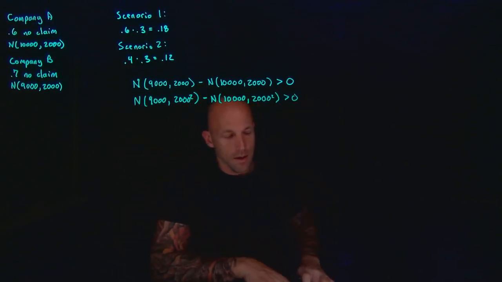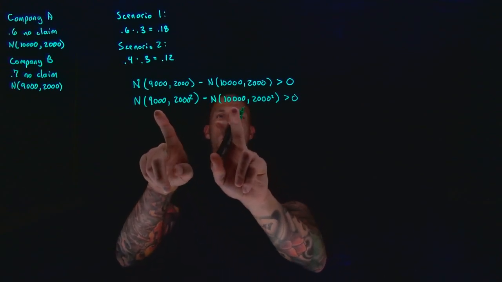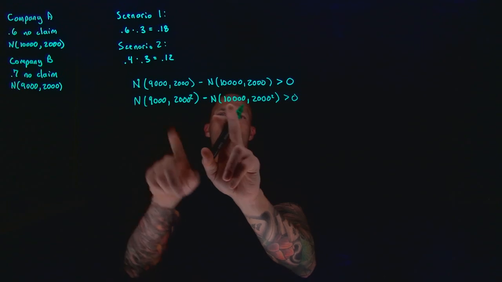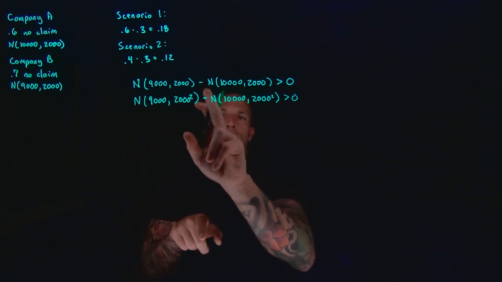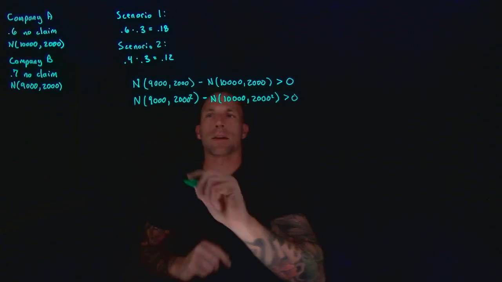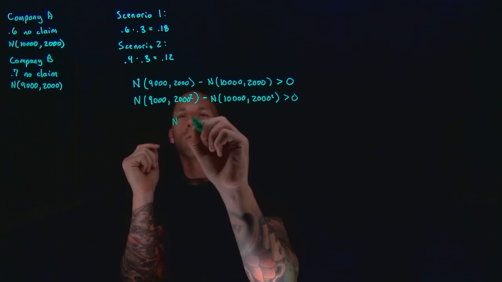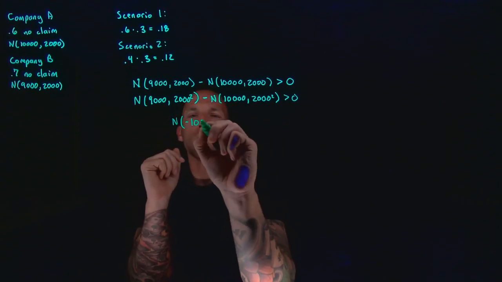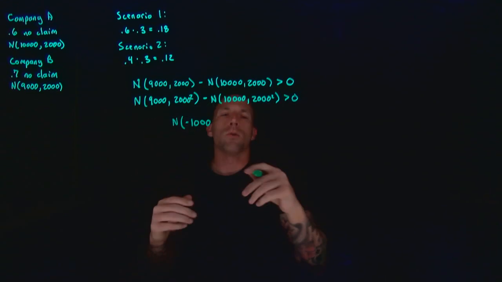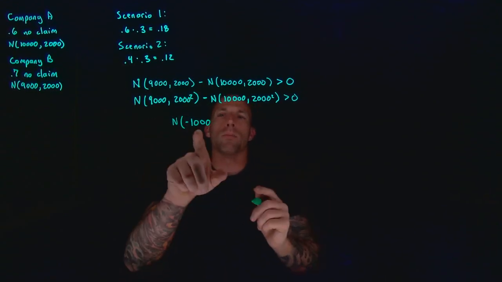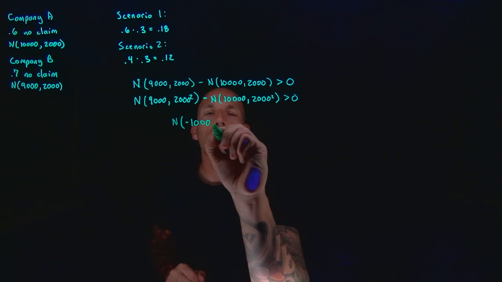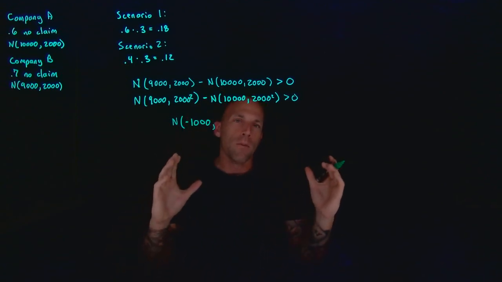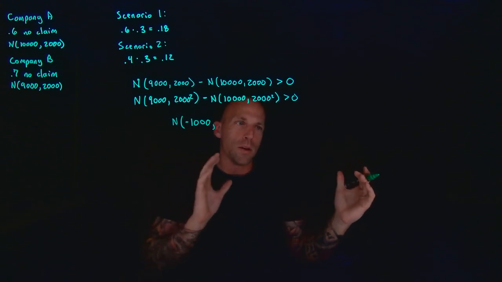Okay. Now, when you have two independent random normals, their means are added together, or because we are taking the difference, their means are going to be subtracted from one another. So these two can be combined into a new normal distribution with a mean of negative 1,000 and a variance. Even though we're subtracting, the variance is still going to be summed.